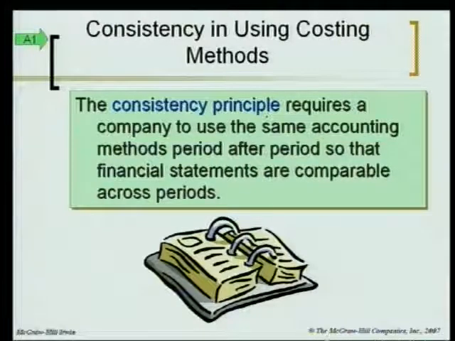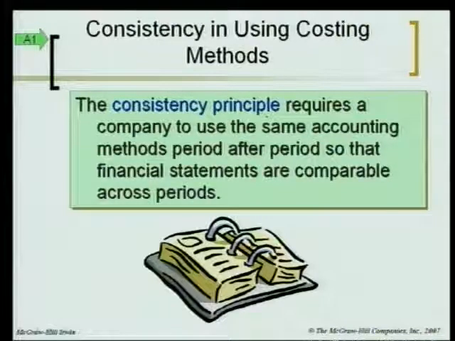Generally accepted accounting principles and the powers that be do not want you to try to trick the readers of your financial statements by just choosing different methods and trying to play a shell game with them. Consistency principle states that once you choose a method, you need to use that method. Now, that's not to say that you can never change methods. But what it is saying is you can't keep switching methods.